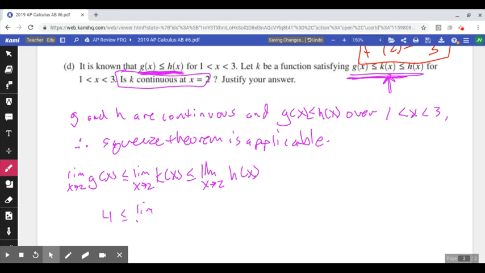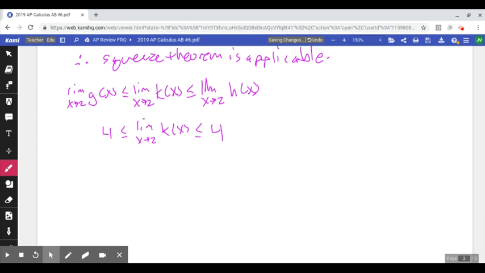And then we've got that squeezed in between here, the limit as x approaches 2 of k of x. And then, of course, the limit as x approaches 2 of h of x is also 4. H at 2 is equal to 4. So we can say here that, therefore, the limit as x approaches 2 of k of x also exists, and it is 4. Squeezed right between those two numbers.